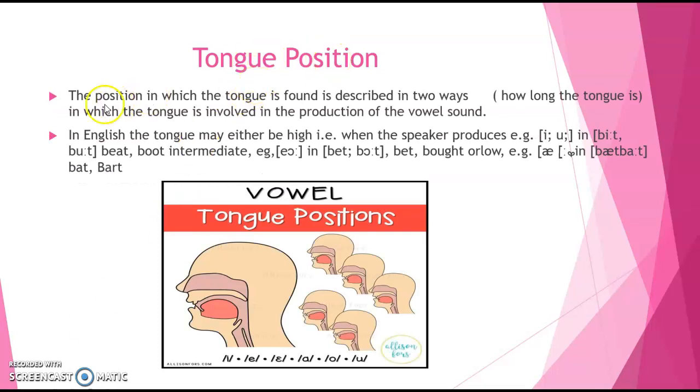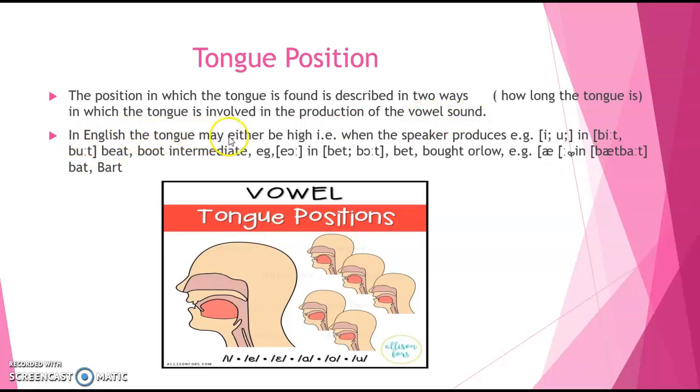Tongue position. The position in which the tongue is found is described in two ways: how high the tongue is, and which part of the tongue is involved in the production of the vowel sound.